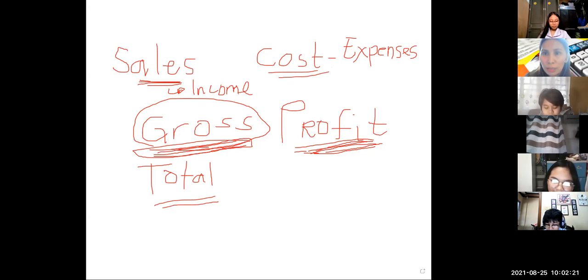Nalilito ba? Medyo nalilito. Yung formula for this one and finding the formula for this one is by subtracting. Okay, kunin natin yung example on your book. Okay, we need to subtract sales. It's like this.